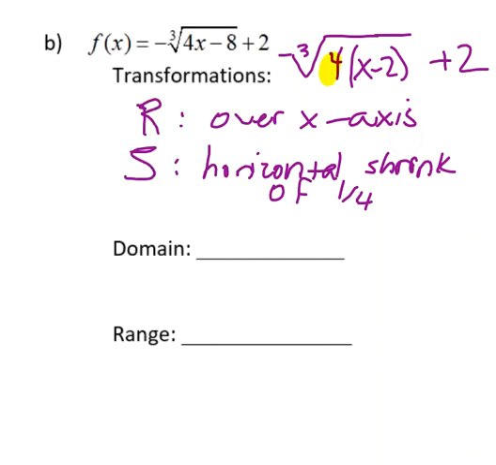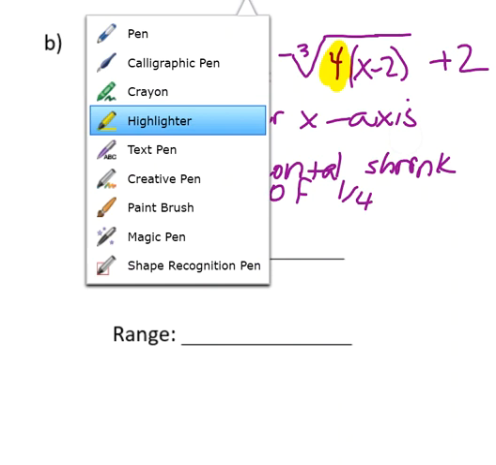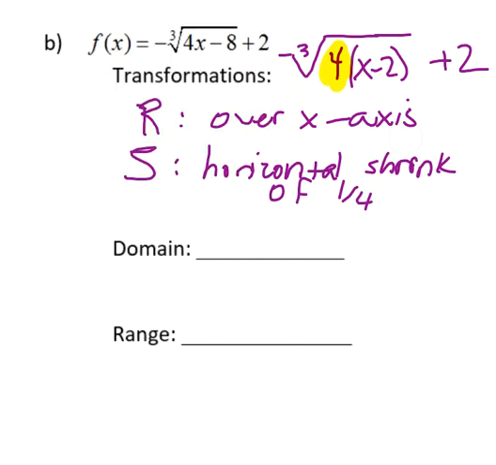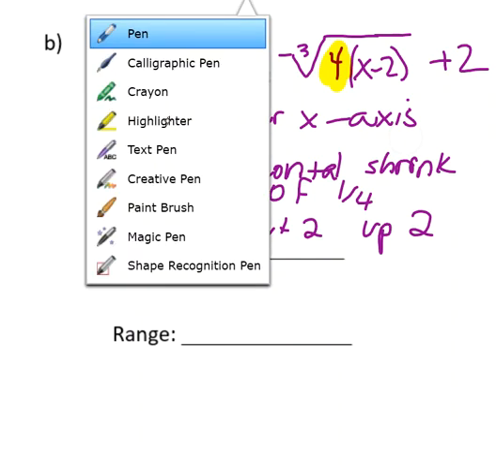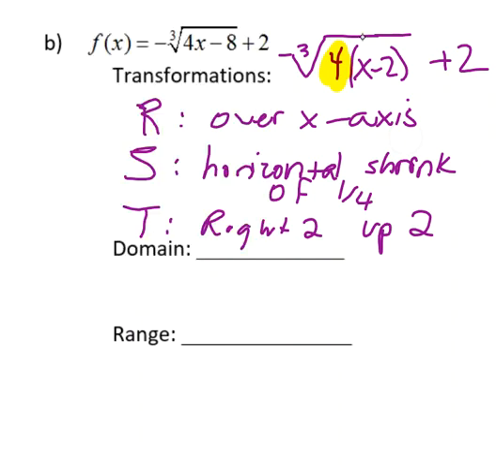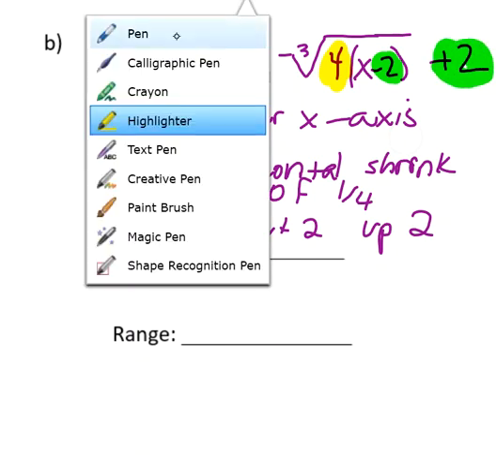Remember, when it's inside, it always does opposite of what you think it will. And then we have a translation of right 2 and up 2. So this one's doing right, whereas the one on the outside is doing up.